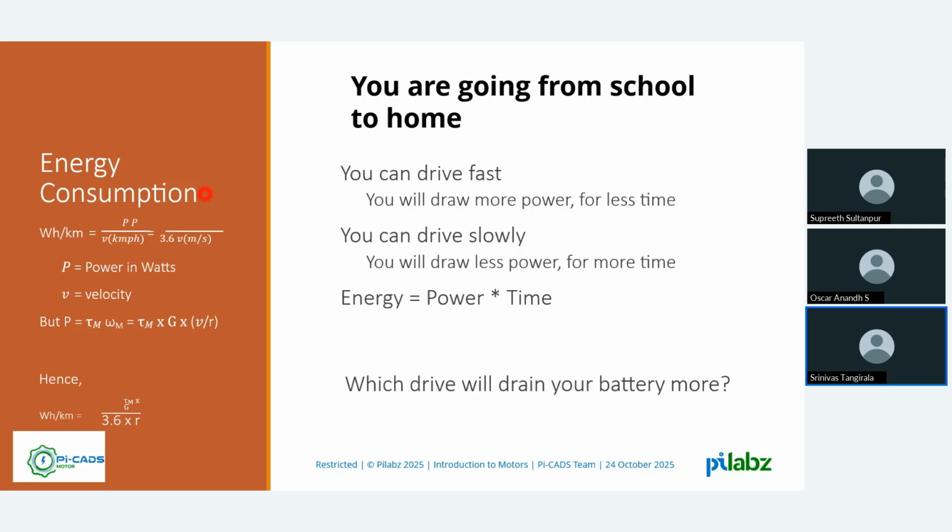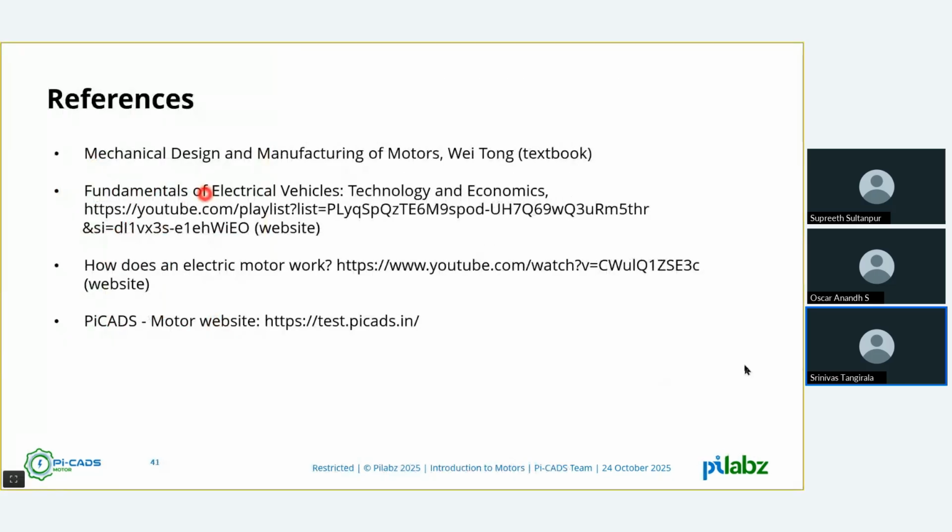So that's how we calculate the watt hour per kilometer, and that will give you the specs of the electric vehicle. Okay, so I hope you have learned something interesting today, and we will share these references with you. There are also books on mechanical design of motors and all that. One thing you should understand is it's a multidisciplinary domain: mechanical engineering concepts coupled with thermal, coupled with electromagnetics.